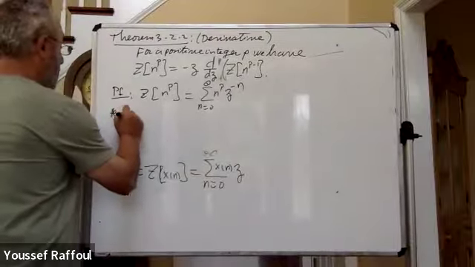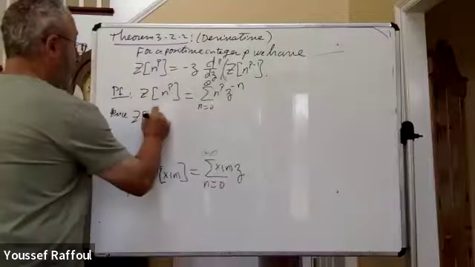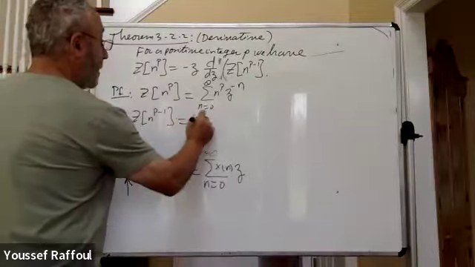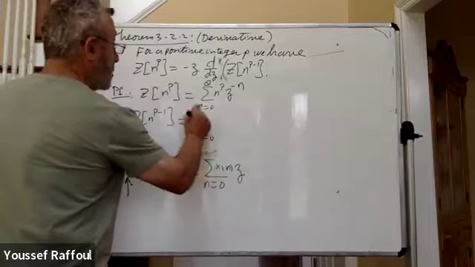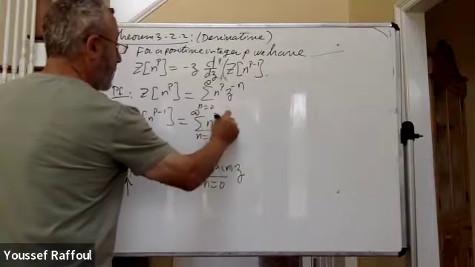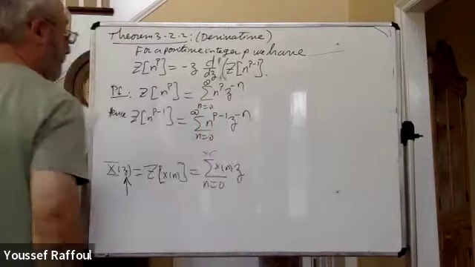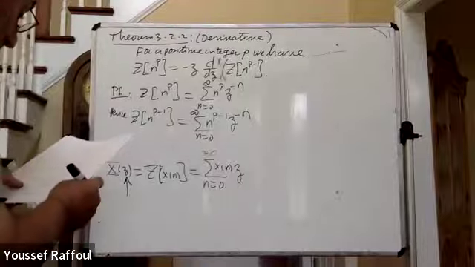Hence Z of n^(p-1) is the sum from n equals 0 to infinity of n^(p-1) z^(-n).